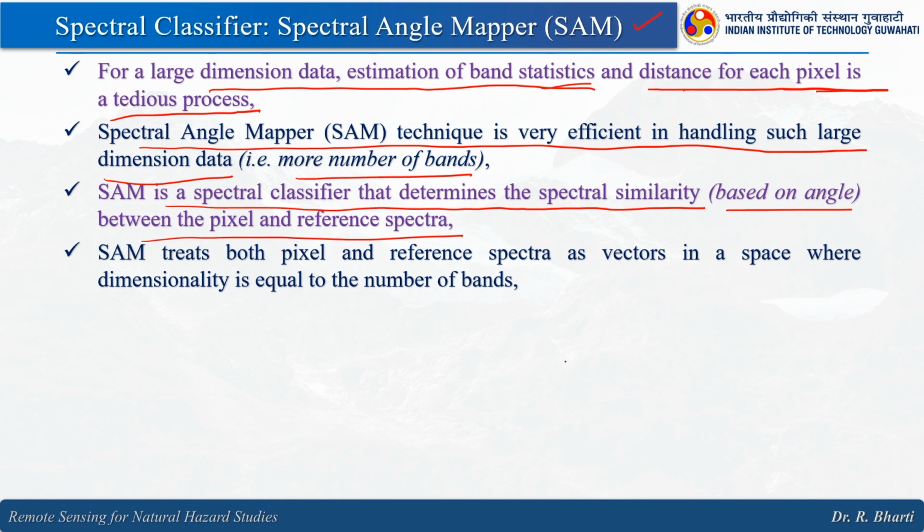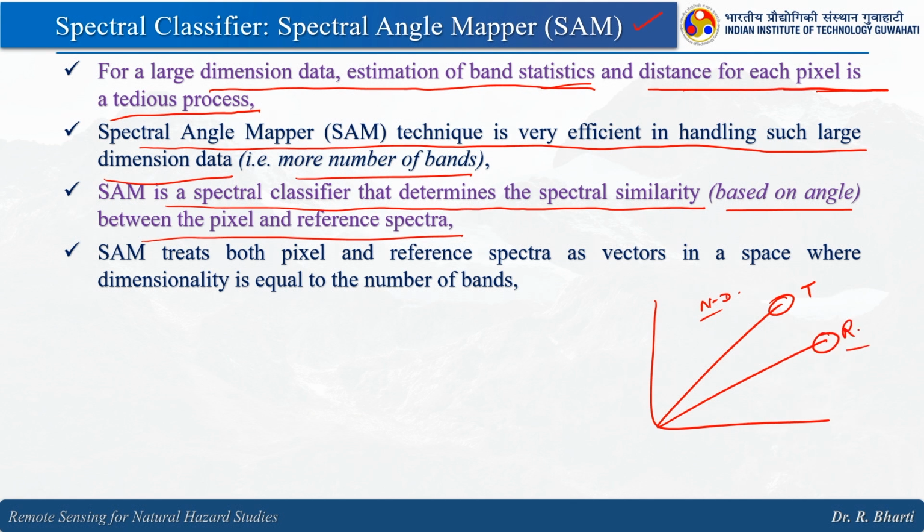So, what we will do? We will try to plot this in n dimensions, right. So, suppose this is target, this is your reference, because here we are talking about the high spectral resolution. So, we are using the spectral information to classify our data.